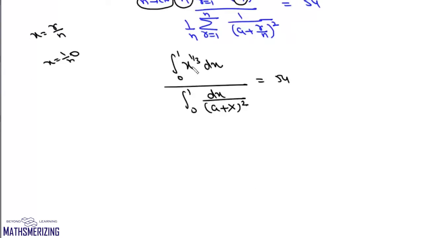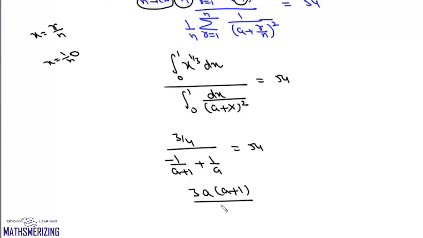Now this is x to the power 4 by 3 upon 4 by 3, which is 3 by 4, and this is minus 1 upon a plus x. So it will be minus 1 upon a plus 1 plus 1 upon a, and it will be equal to 54. Now this is 3 into (a plus 1) upon 4, and it will be equal to 54.